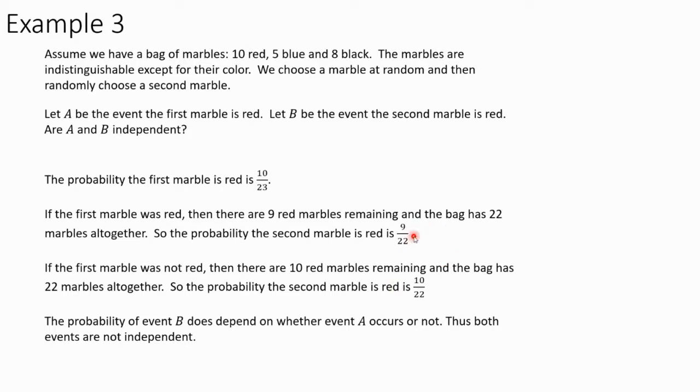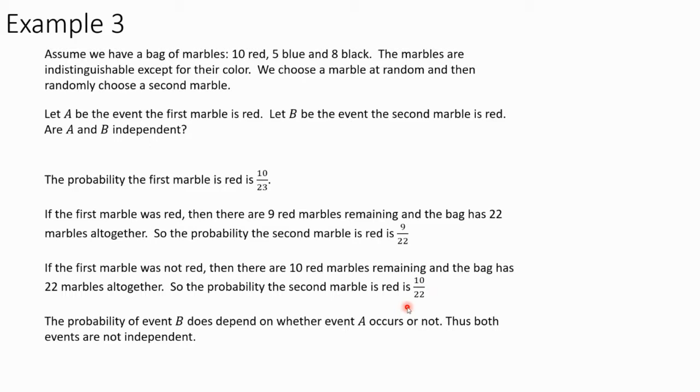But notice the point is, do you see how the probability of B is affected by whether A occurs or not? Right? So A and B here are not independent. They are not independent.